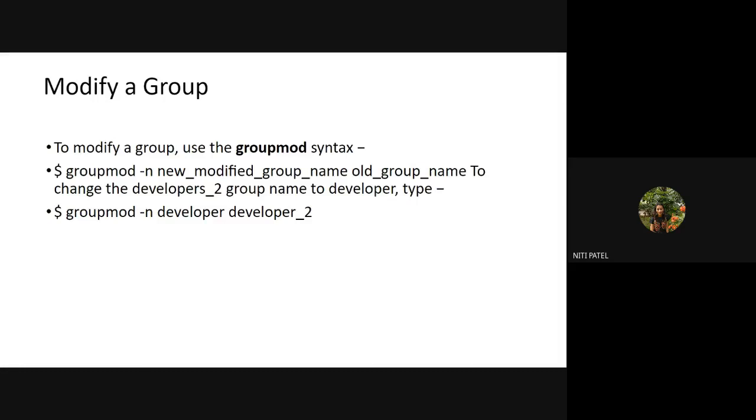Then we have also seen how to remove the user from the group. We have also seen how to remove the account of a user and how to disable the user from the system. Okay. Now next time we'll see how to modify the group information.